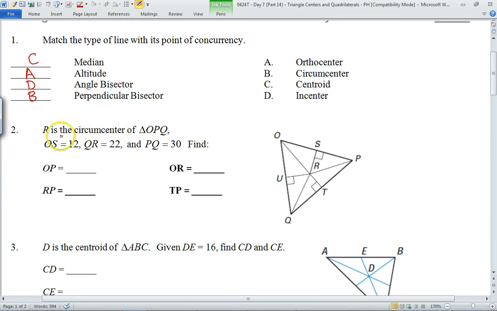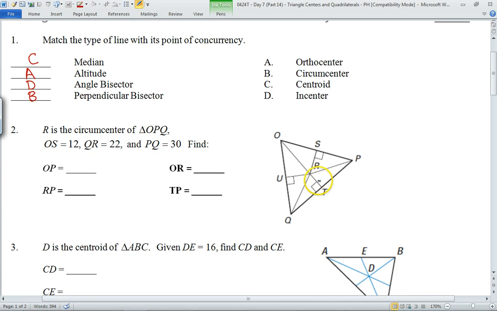Problem number 2. R is the circumcenter. Okay, right away when they say circumcenter, is that the one that is equidistant from the sides, or is that the one that is equidistant to the vertices, or is that the one that has 2/3 and 1/3 and the big part is twice as big as the small part?